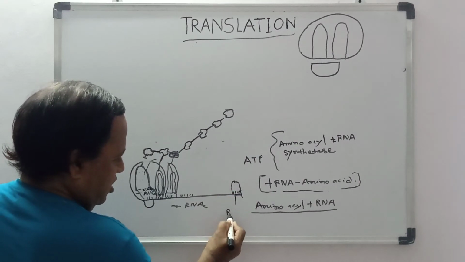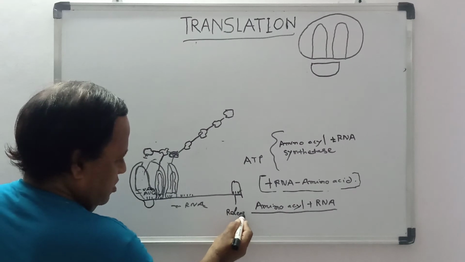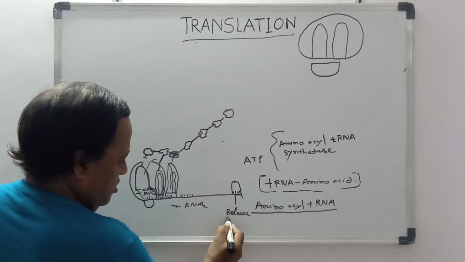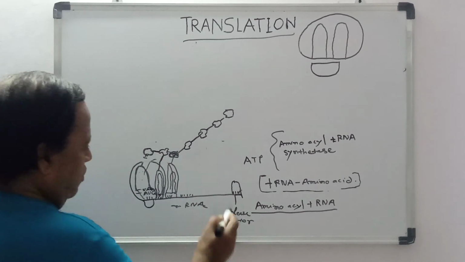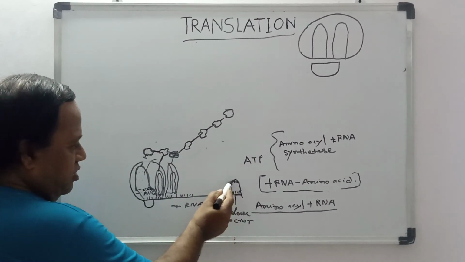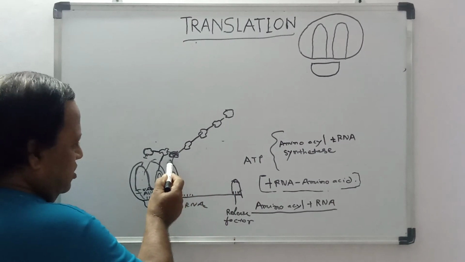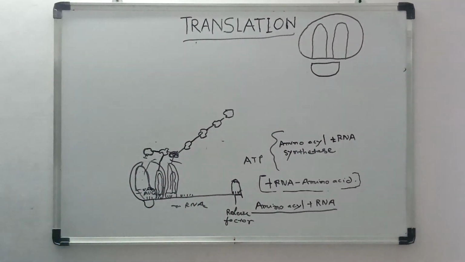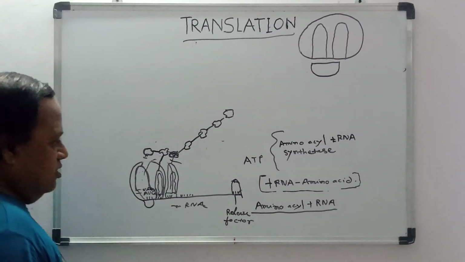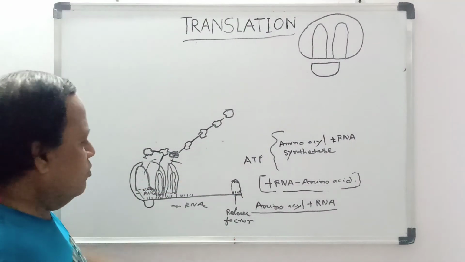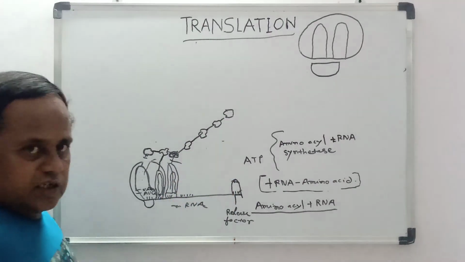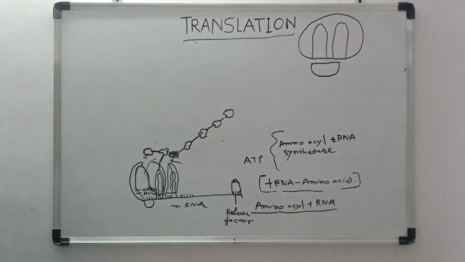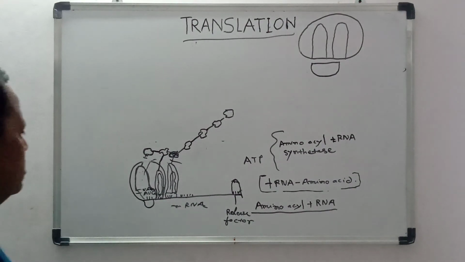It is called a release factor. This chain of protein gets detached. There is no anticodon for termination, and this polypeptide chain gets detached. So this is the process of translation.